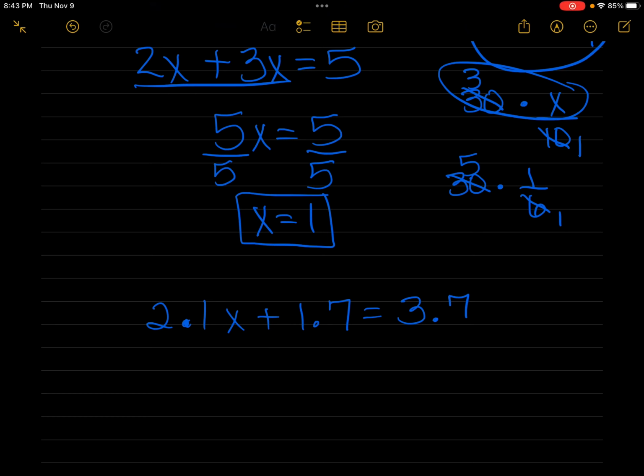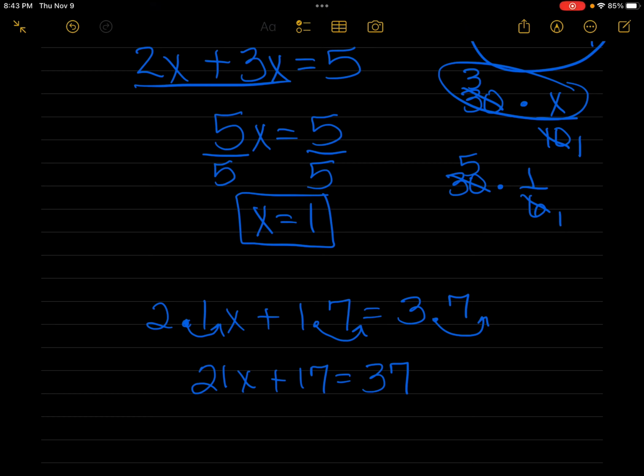When you multiply numbers by 10, it just moves the decimal one place. So if I move all these decimals just one place, now my problem is 21x plus 17 equals 37. And now I could solve this because I don't have decimals anymore. It makes it look a little bit easier to kids.